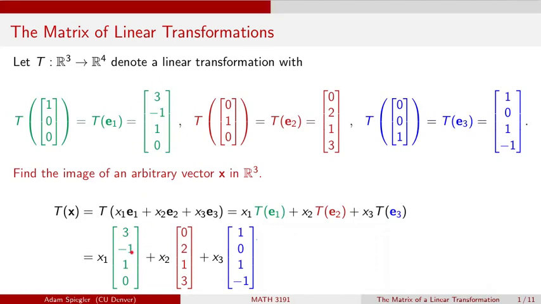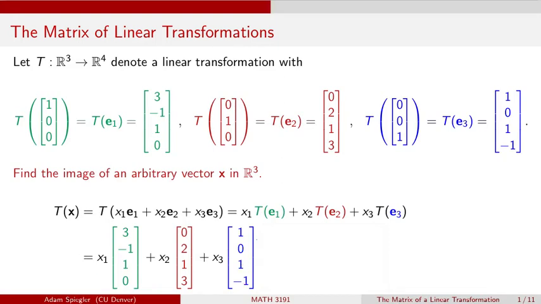So that's where the 3, minus 1, 1, 0 comes in. So we've got T of x equals x1 times the image of E1, plus x2 times the image of E2, which was 0, 2, 1, 3, plus x3 times the image of E3, which was 1, 0, 1, minus 1.